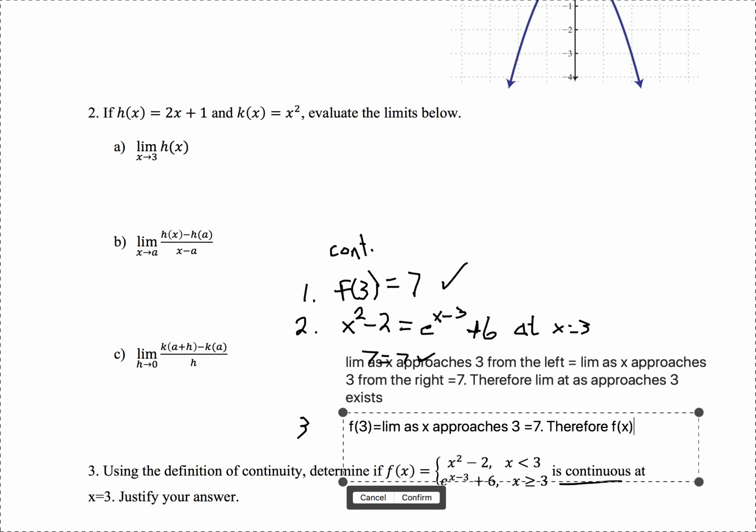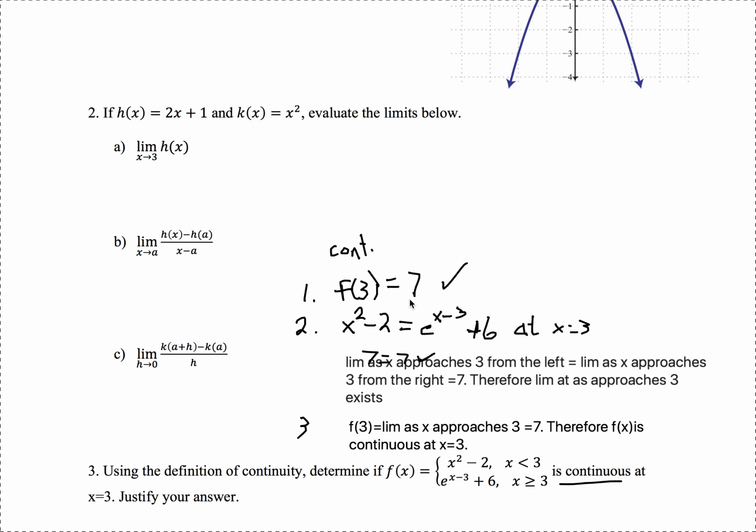Therefore, f of x is continuous at x equals 3. Sorry about the delay there. Those are the 3 things you need to do. You need to make sure that the point exists, that the limit exists, so you check it and you have to state it. Therefore, the limit as x approaches 3 exists. And then we need to make sure that the actual point f of 3 equals the limit. And if that is true, then the function is continuous at that x value we're checking.